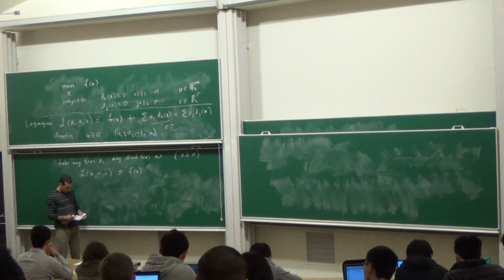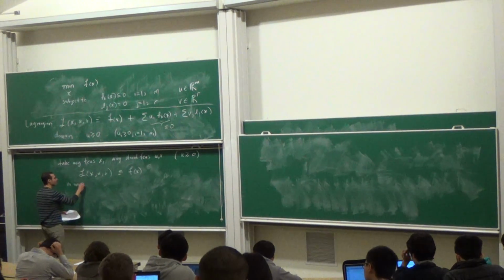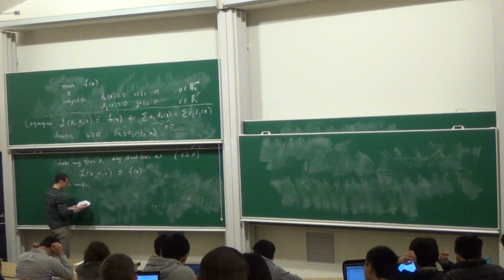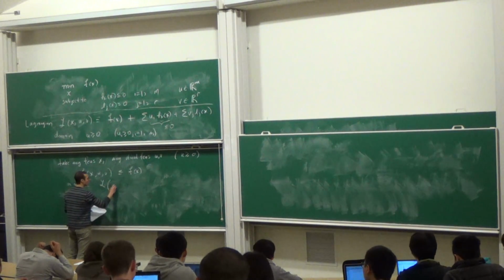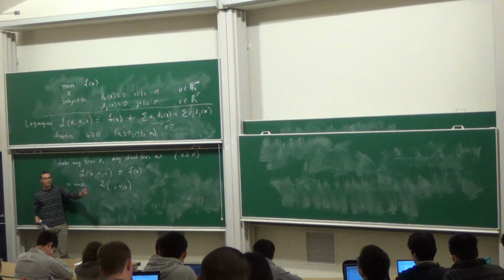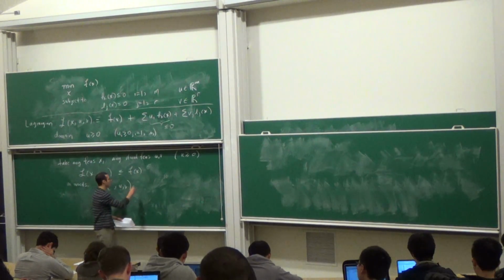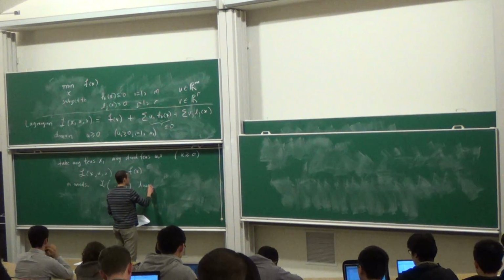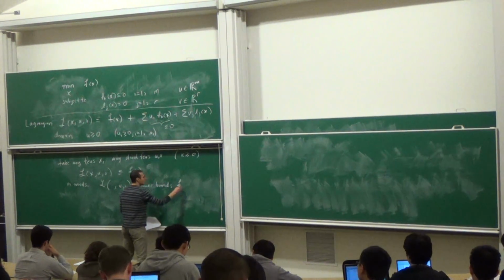Pretty simple. In other words, if I fix u and v to be dual feasible and look at the Lagrangian as a function of its first argument, this lower bounds f.